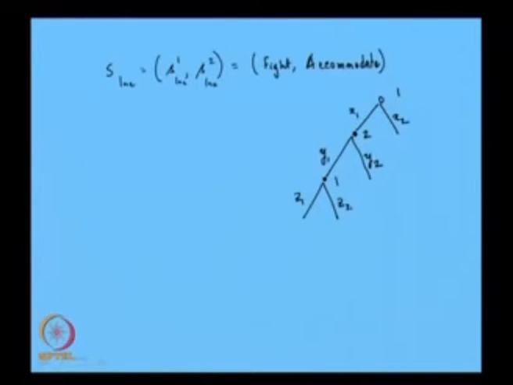Okay. Now, what we are seeing here is that there are two histories after which it is player 1's turn to move.